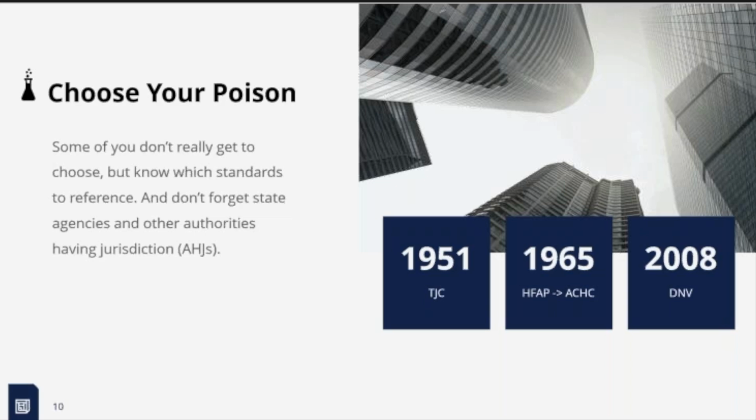They recently, in the past couple of years anyway, became ACHC, American Accreditation of Hospital something. I forget what the acronyms mean. And then DNV's been around a long time, but they've only been doing hospital accreditation since 2008. So actually not very long for hospital accreditation. And newer on the scene is CIHQ. They're out of Texas. They're trying to build their brand up as well.